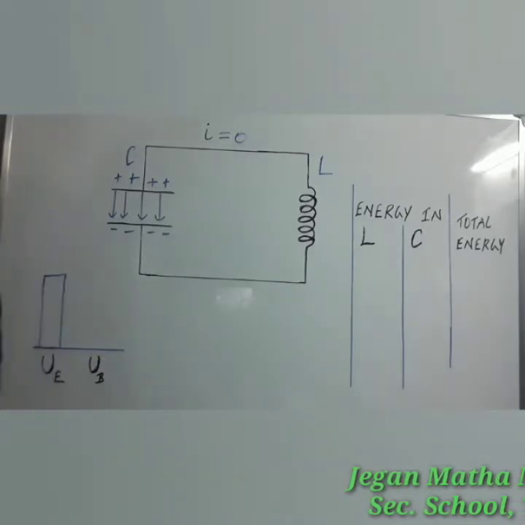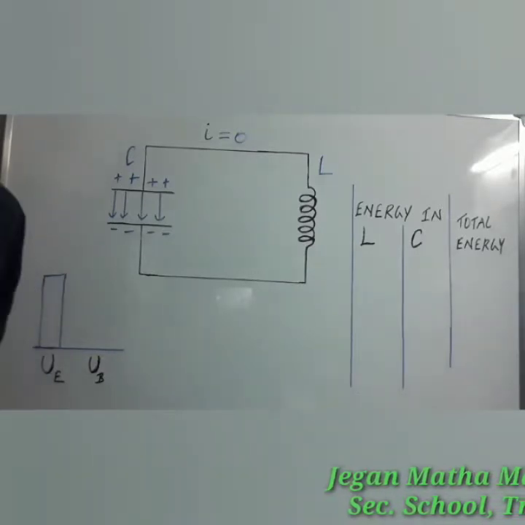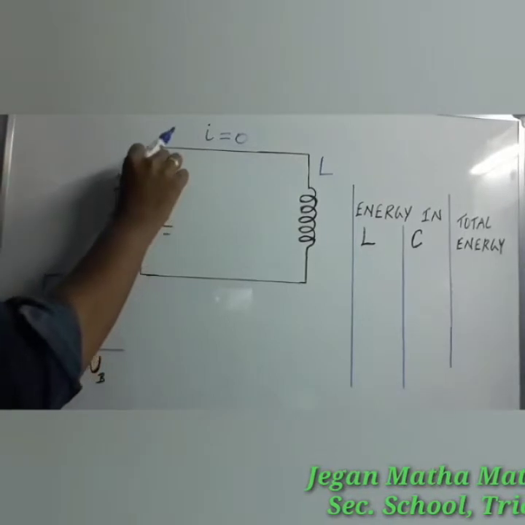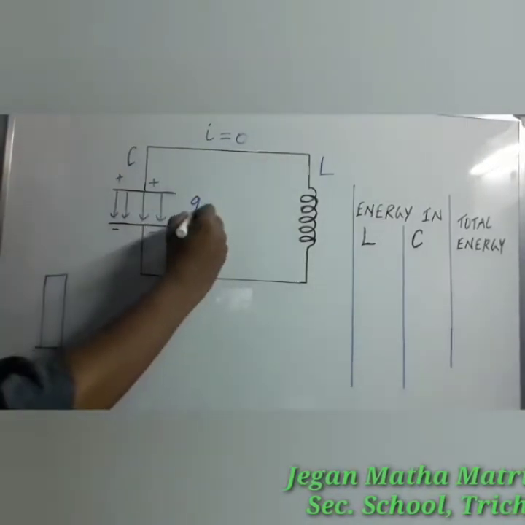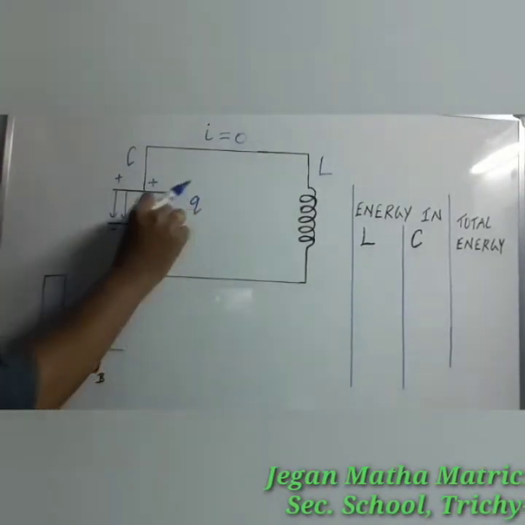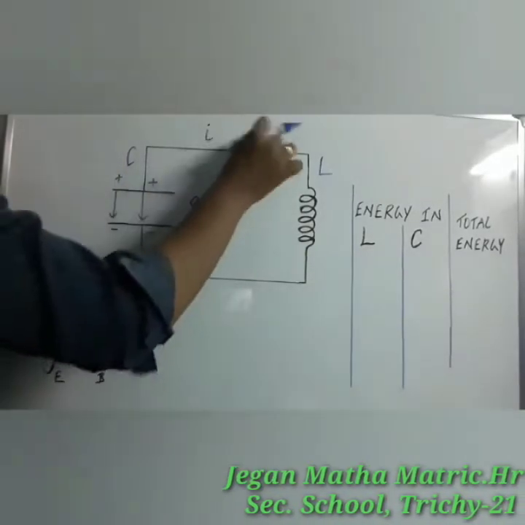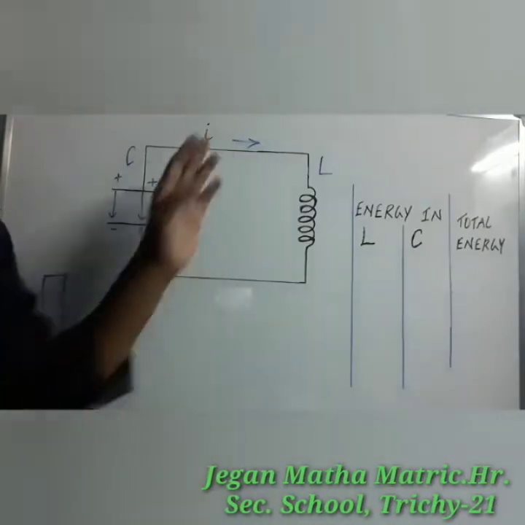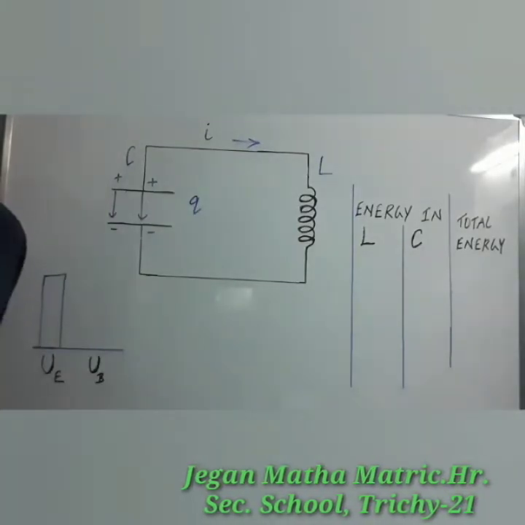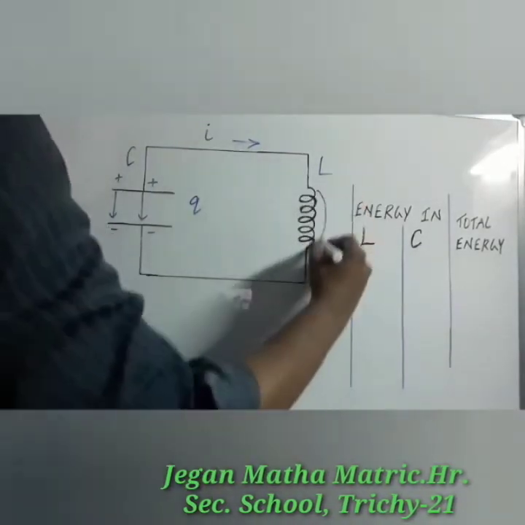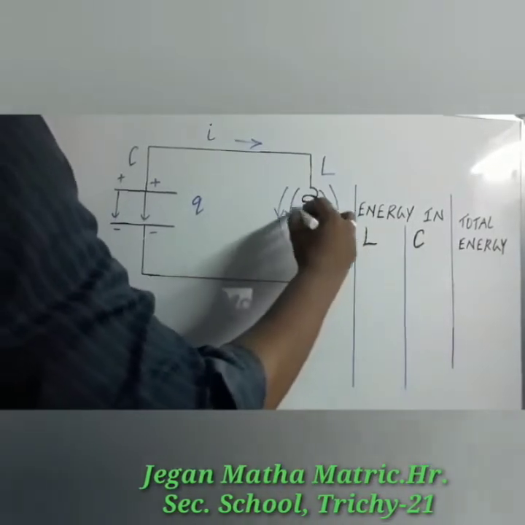Let us take the second case. The capacitor now begins to discharge. Now the amount of charge can be taken as small q. That will produce a current I in a clockwise direction. This current produces a magnetic field around the inductor like this.